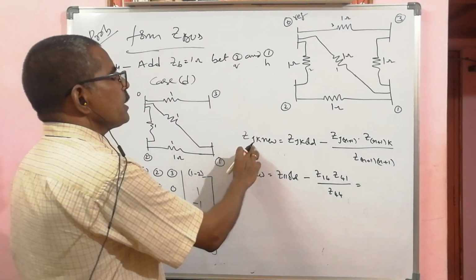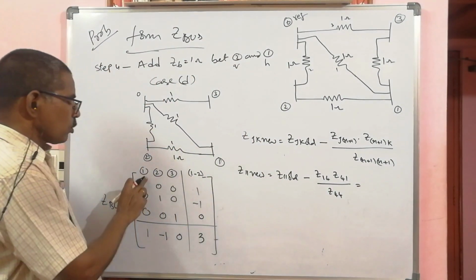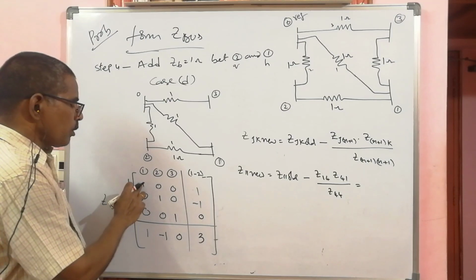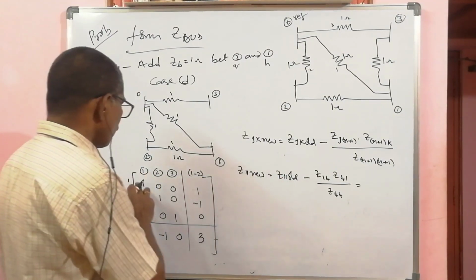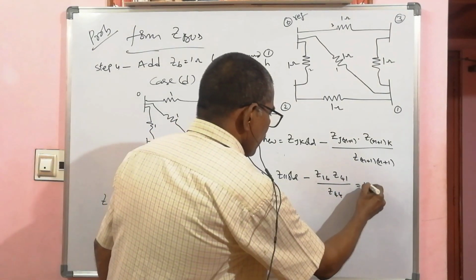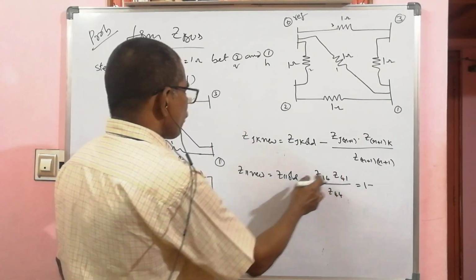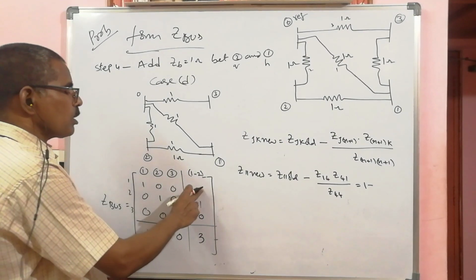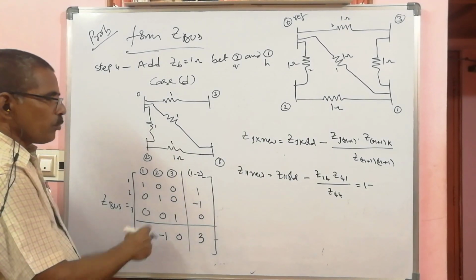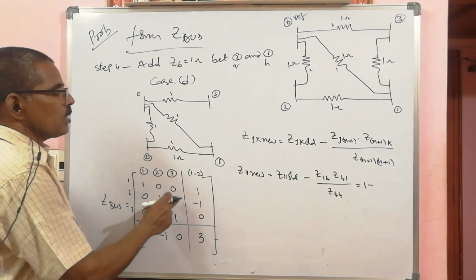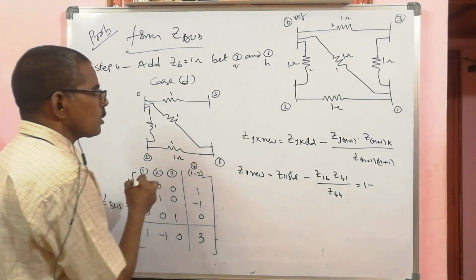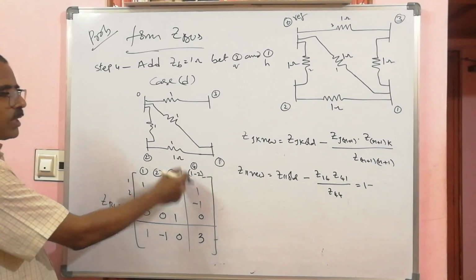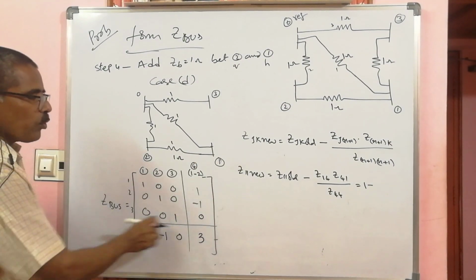So Z11, J and K I am substituting 1, so that this is to be modified. The modified value Z11 new is Z11 old. Z11 old is 1 minus Z14, Z41. Z14 is 1 and Z41 is also the same, is it not? This is corresponding to the fourth bus, fictitious or temporary fourth bus.